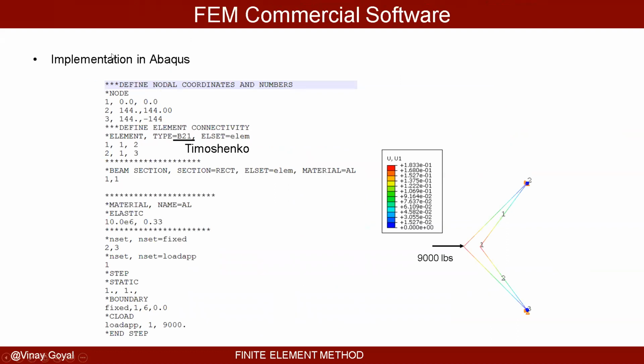You can see here the implementation in Abaqus. For the Timoshenko beam, I'm using the two-noded element, B21, and all I've done is basically provide a fixed boundary condition here and here, and apply a load of 9,000 pounds. But everything else is the same. The only thing I did was to change the element type. Two lectures ago, I covered the Euler-Bernoulli beam, and I showed you what the input deck looks like.